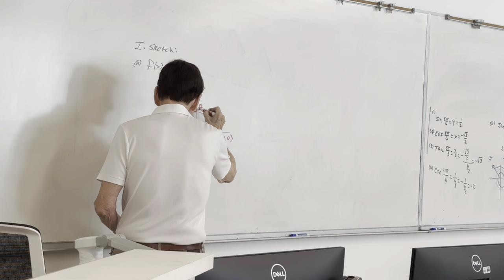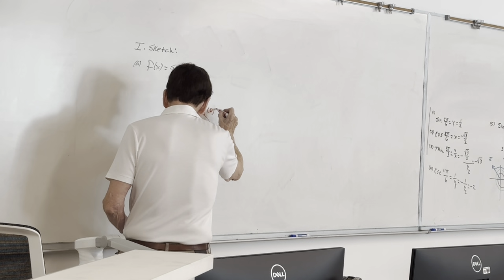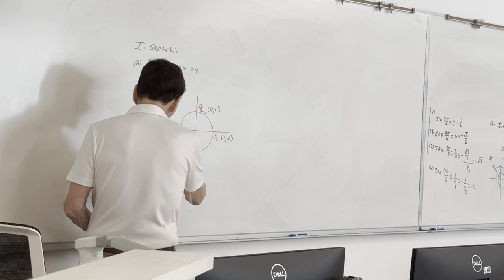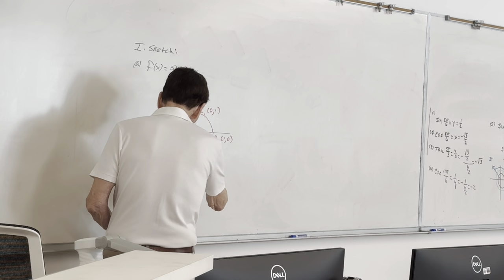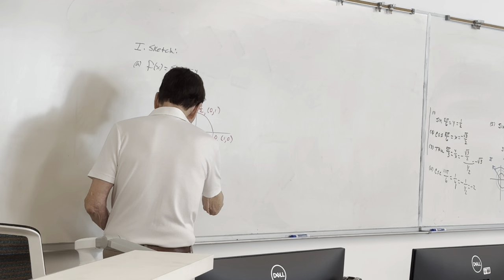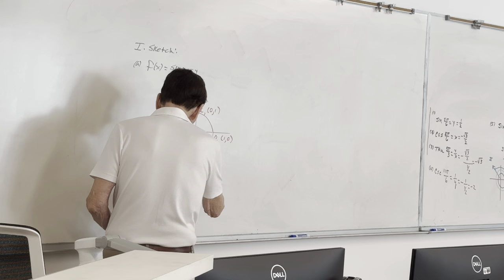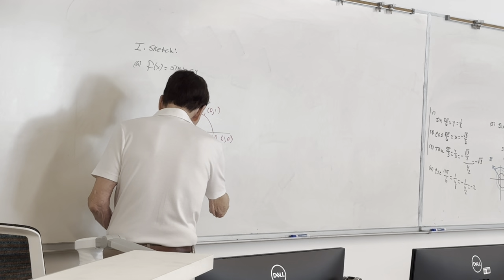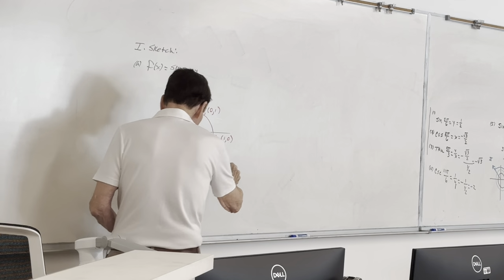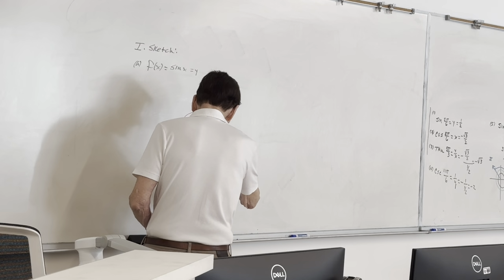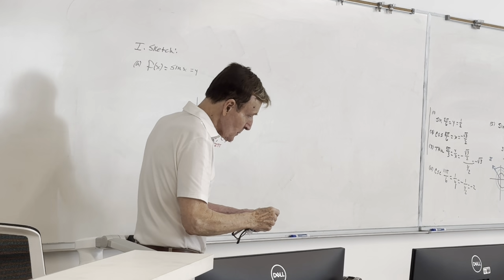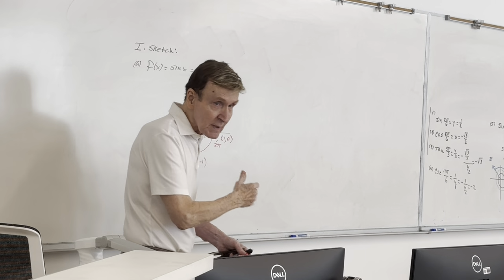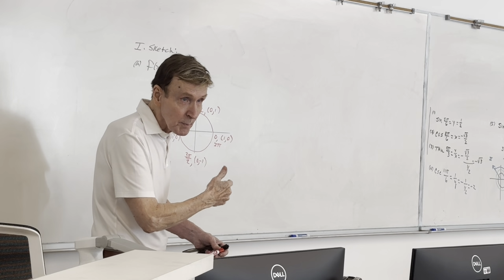Pi over 2, the ordered pair was this. Here was pi, the ordered pair was that. And 3 pi over 2, the ordered pair was this. Finally, one complete revolution takes me back to 2 pi. Those are the major numbers to work with, the ordered pairs. I think we did this earlier.